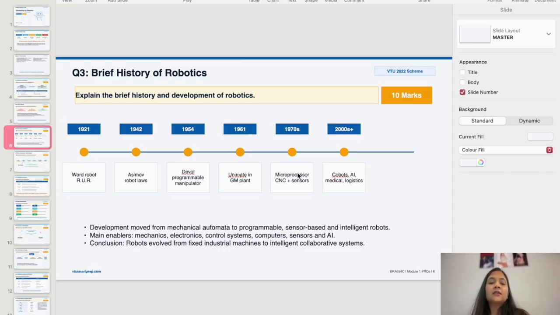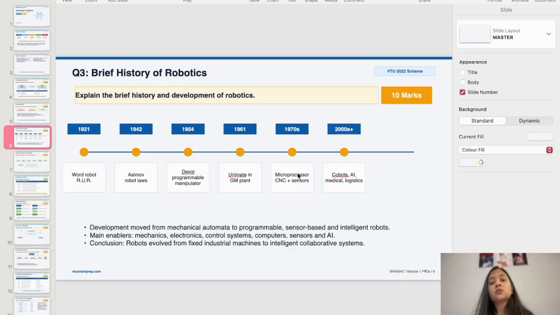Later, during the 1970s, microprocessors, CNC machines, and sensors improved robotic systems. Today, robots are used in industries, medical surgeries, logistics, agriculture, space, and collaborative applications. So robotics developed from simple mechanical machines to intelligent sensor based systems.